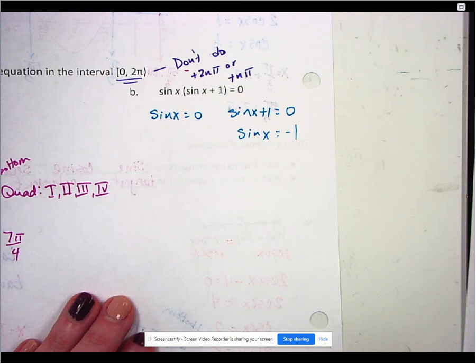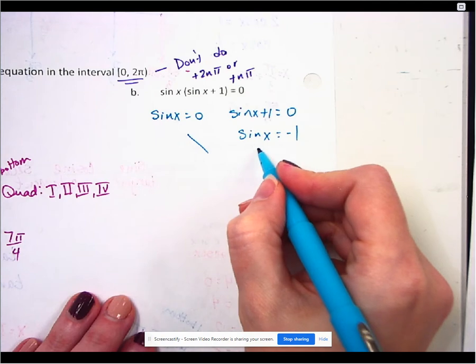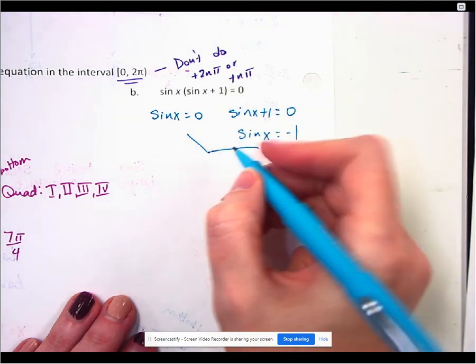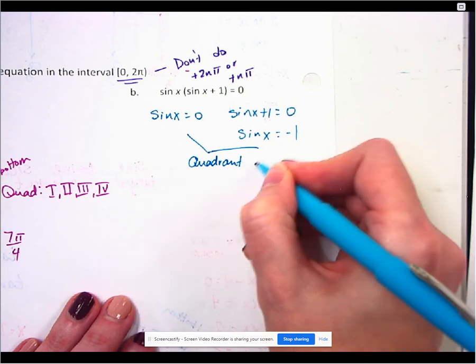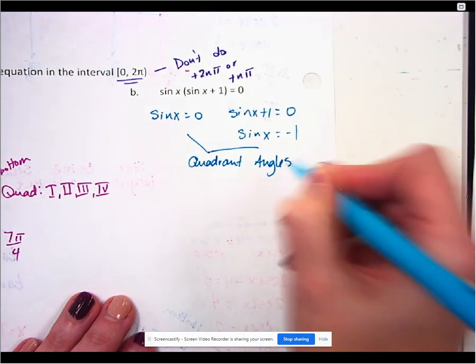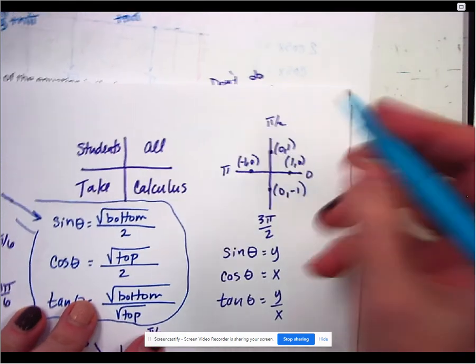Okay, so anytime you have the sine of x equals 0 or 1 or negative 1, or same with the cosine, we need to use the ordered pairs, the quadrant angles. All right, and when I say quadrant angles, this is what I mean.